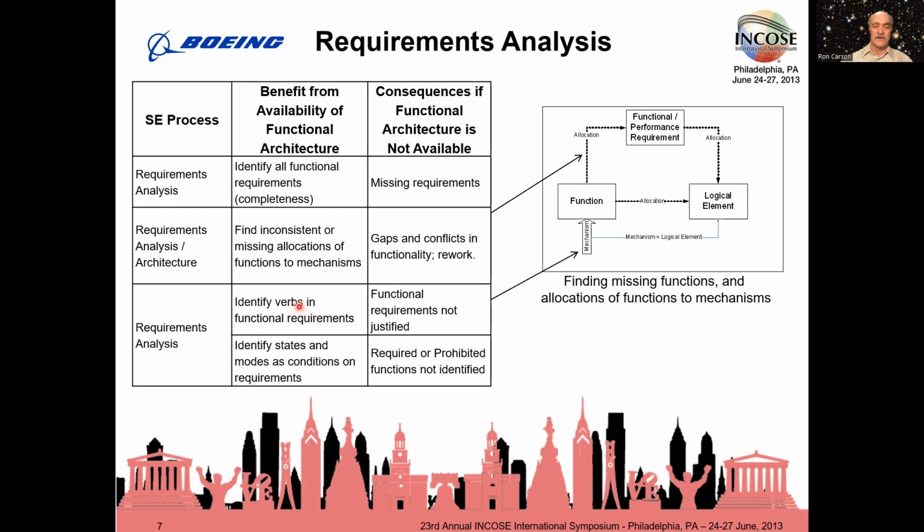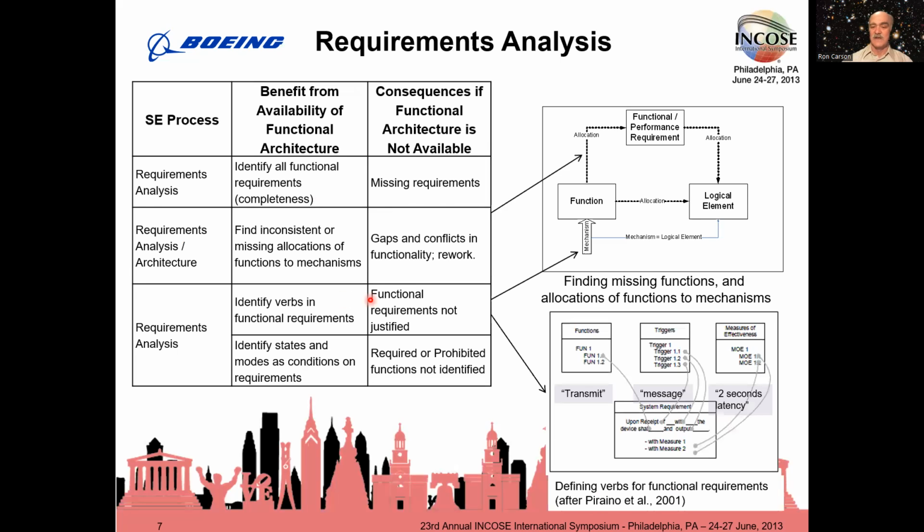For this lower section, the key benefit of the functional architecture when we're doing the functional analysis is clearly identifying the verbs that are going to go in the functional performance requirements. And if we don't have requirements derived by that method, then we may not be able to fully justify the requirements we have.